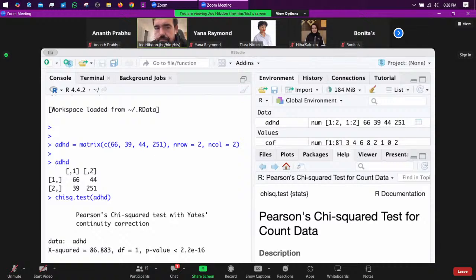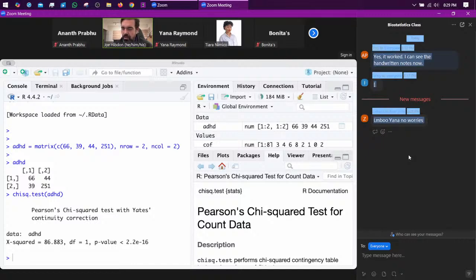The null: the father's diagnosis and child diagnosis are independent. H1: H naught is false. And again, we'll use an alpha of 0.05. We're following the same process we did before, and I'm just repeating it but going a little bit quicker.